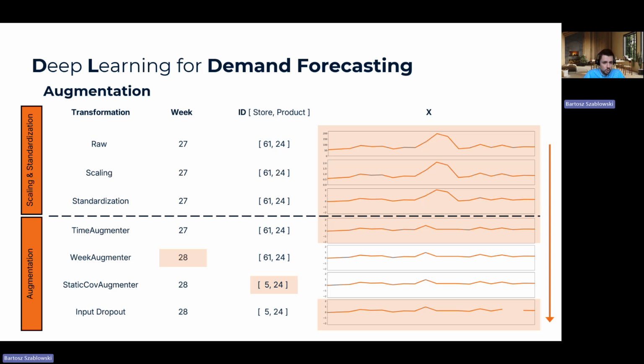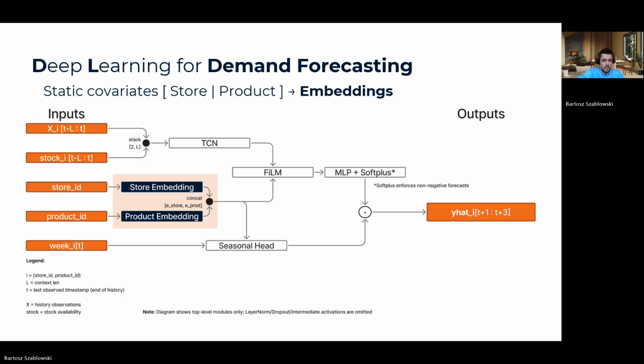Then you have the static covariate augmenter, which replaces the store and product ID. In my implementation, I replace this ID with another available ID, but a good idea is to replace them with ID 0, meaning unknown. This gives us an extra advantage. If a new store or product appears, we can still generate the forecast without retraining the network. And finally, I apply dropout to the input.